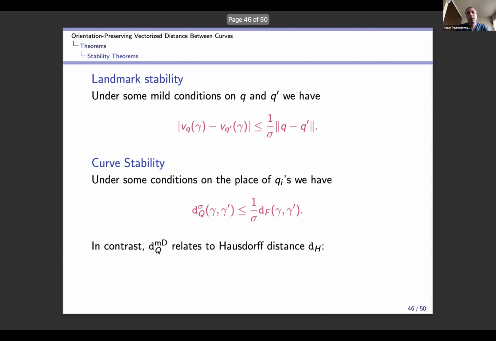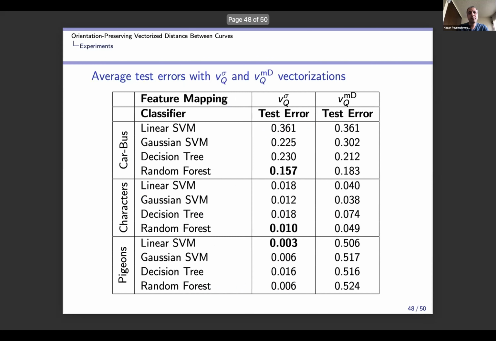In contrast, the DQ min-dist function, which I introduced previously, relates to the Hausdorff distance, and we have a similar inequality for DQ min-dist with the Hausdorff distance. So again, it shows the continuity of the DQ min-dist function. These are some of the theorems and results which we have sampled for giving this talk.